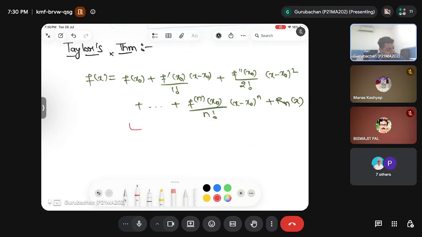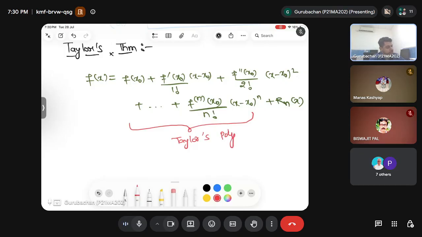Till this part, without the remainder term, we call this Taylor's polynomial, correct?